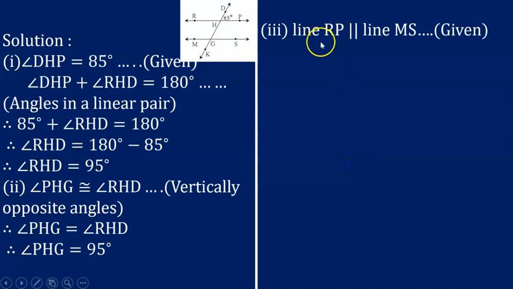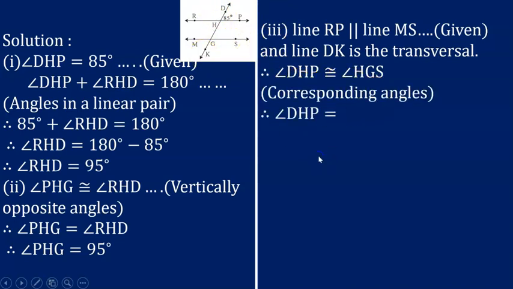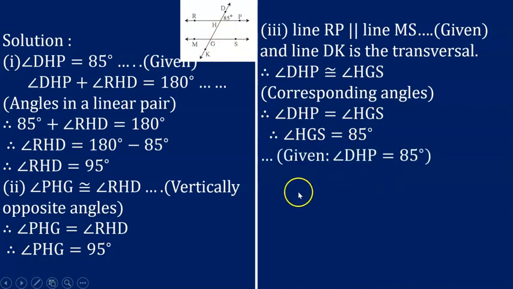Now next, line PR is parallel to line MS. That we have given. DK is their transversal. Again, angle DHP is congruent to angle HGS. These are corresponding angles. Therefore, measure of angle DHP is equal to measure of angle HGS, and hence measure of angle HGS is also 85 degrees.